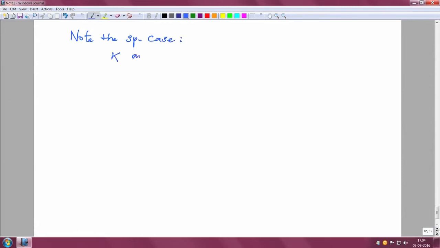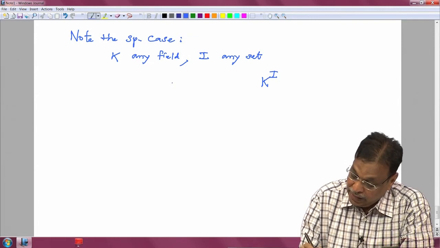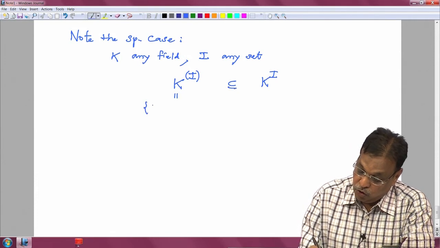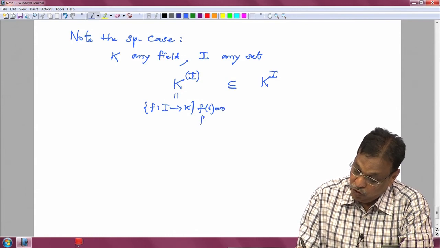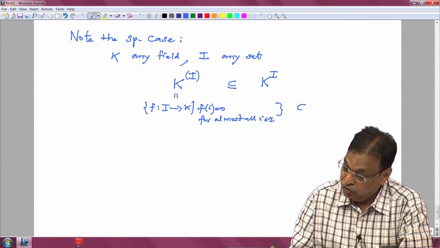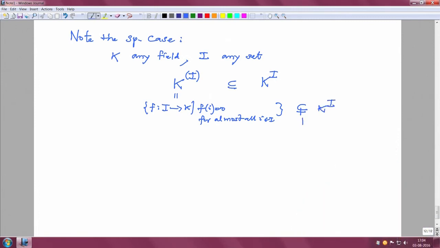Take K to be any field and take I to be any set, and remember the function space is K power I. They are all functions from I to K, and among those functions I take the functions that have only finitely many non-zero elements in the corresponding tuple, which I denote K power round bracket I. In the notation, this is all those f from I to K such that f(i) equals 0 for almost all i in I, and this is a proper subset if I is not finite.